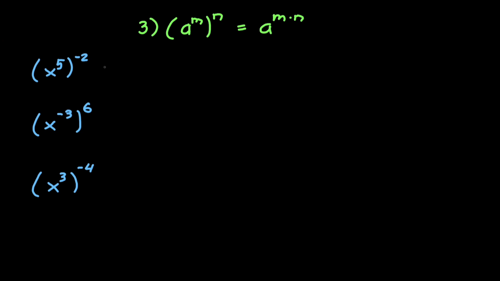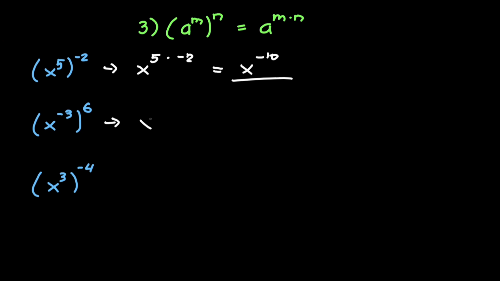X raised to the power of 5, all raised to the power of negative 2. It would be x raised to the power of 5 multiplied by negative 2. 5 multiplied by negative 2 would be negative 10. X raised to the power of negative 3, all raised to the power of 6.